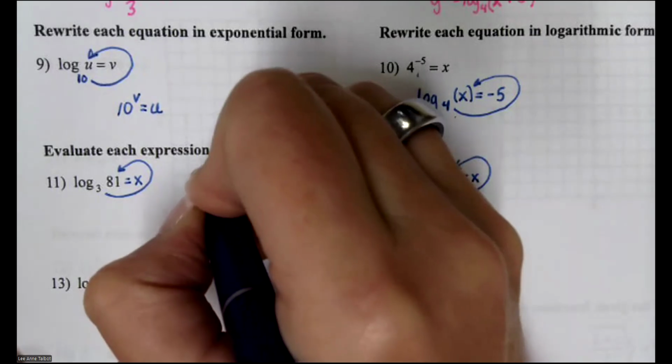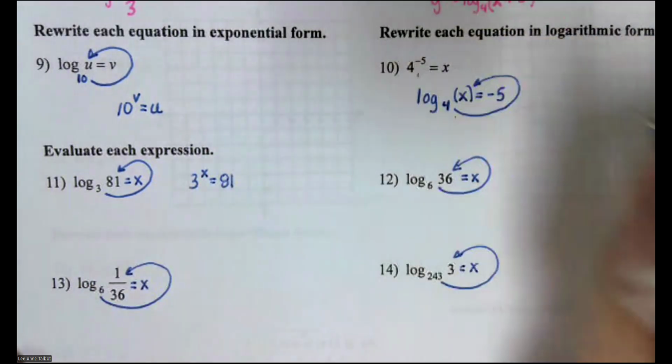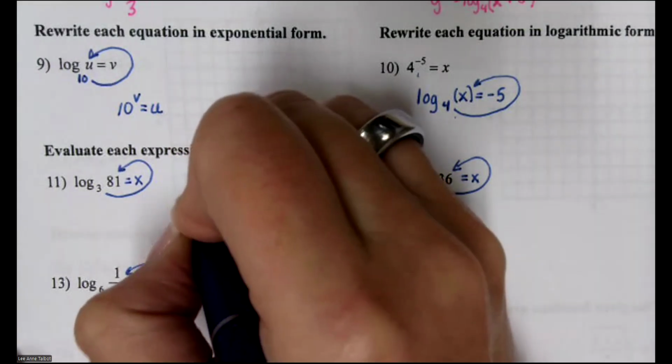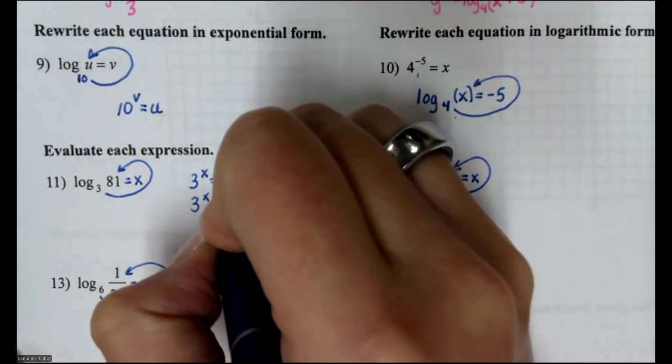Three to the x equals 81. 81 is 3 to the 4th.